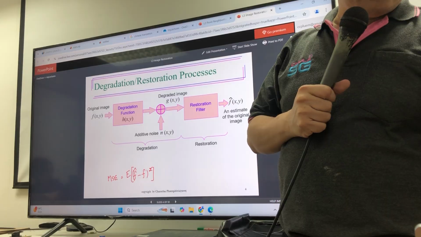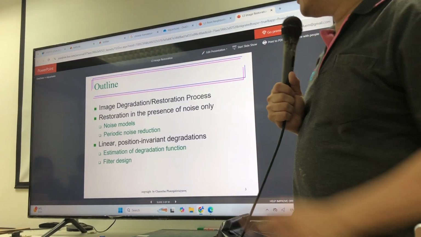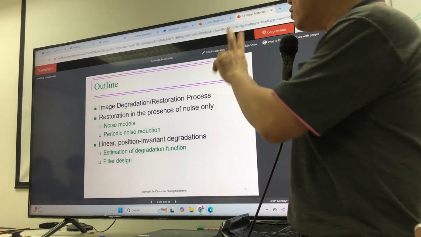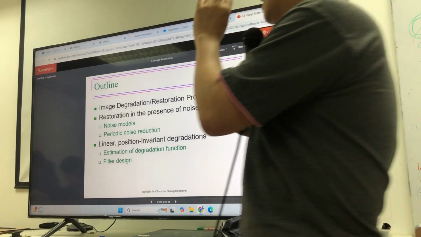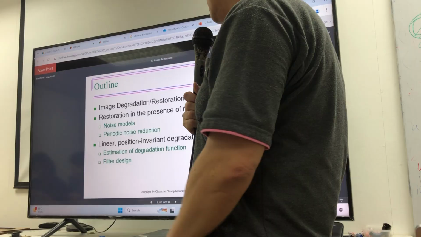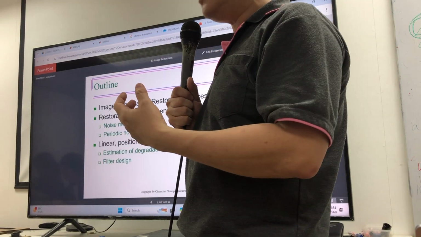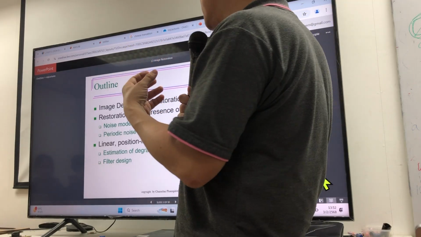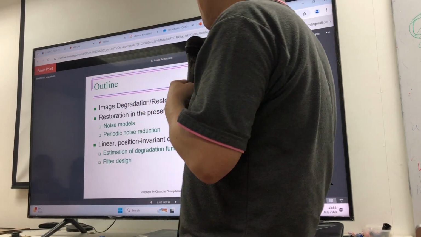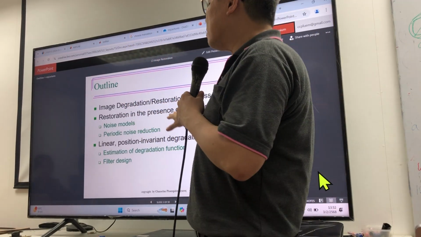So here are the image degradation and restoration processes. Usually we're going to talk about two things. I'm not sure if we can finish it today. Restoration means dealing with the presence of noise and degradations due to some linear position invariant functions. We're going to talk about noise first.